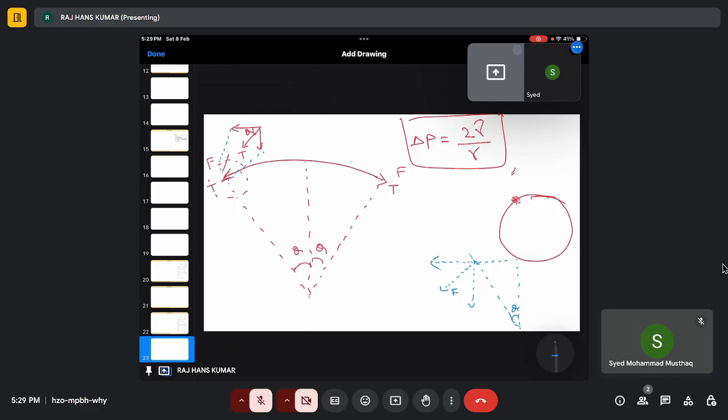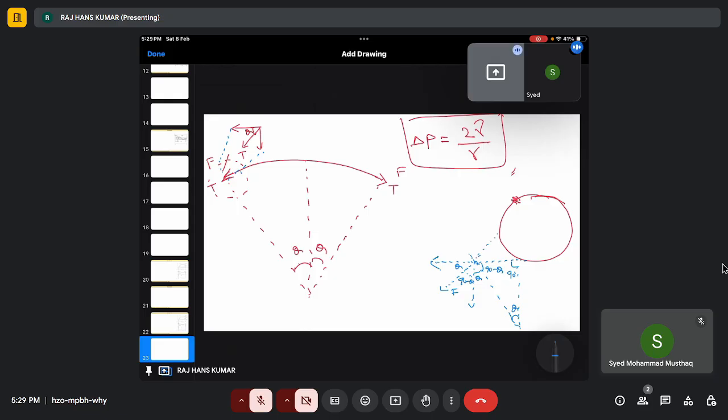Now this is 90, this is 90 minus theta, then this will be theta, right? Then again this will be 90 minus theta, again this will be theta, right? Why?